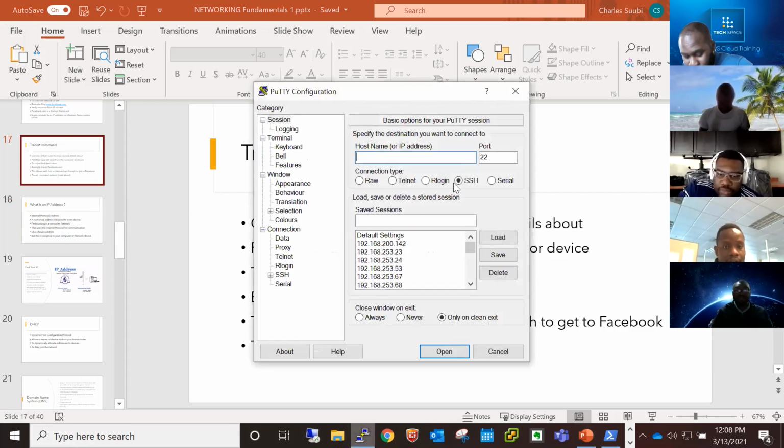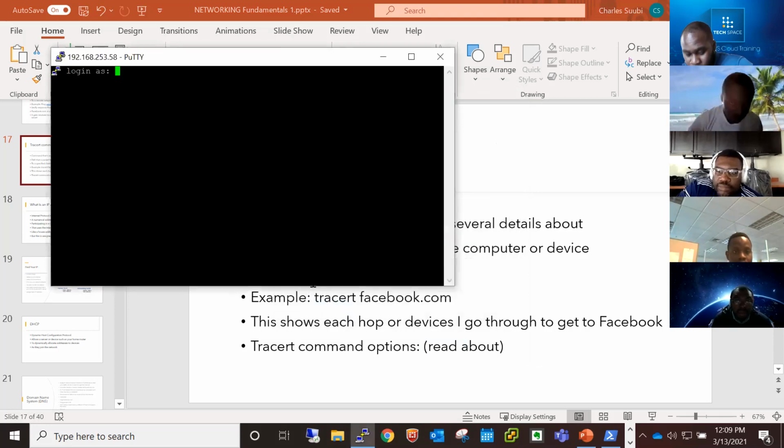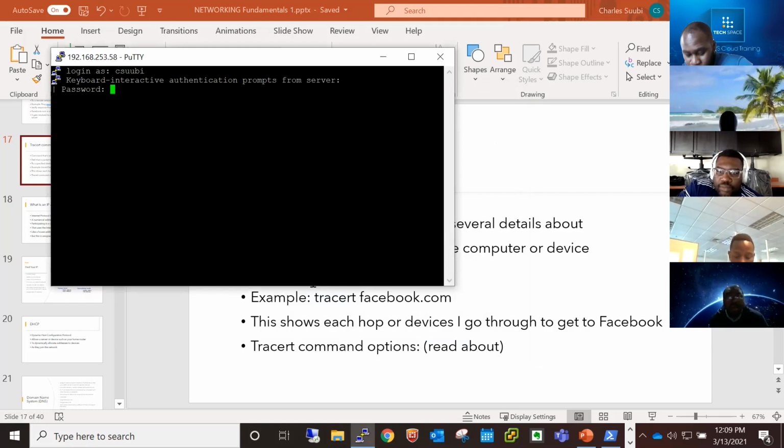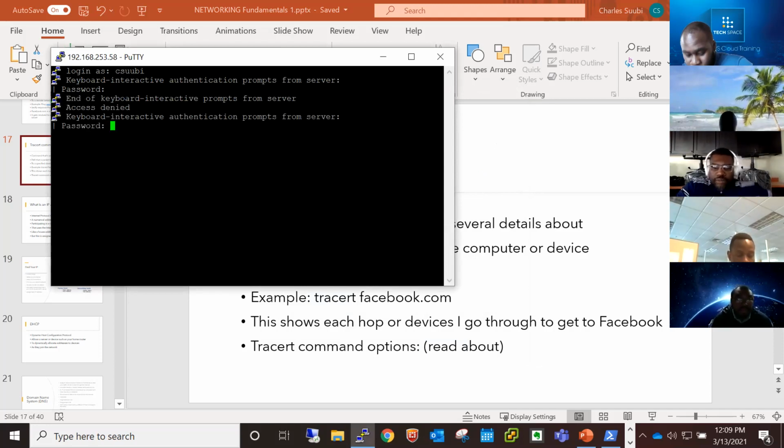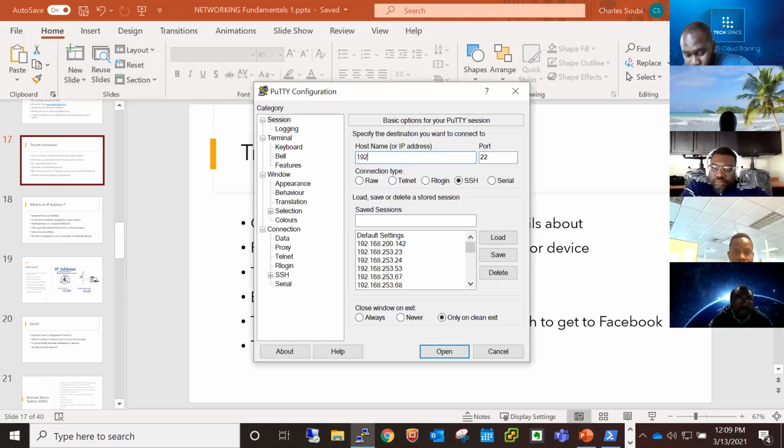So if I went here, let me see. I don't know which server this is. All right, I just want to give you guys an example of traceroute.